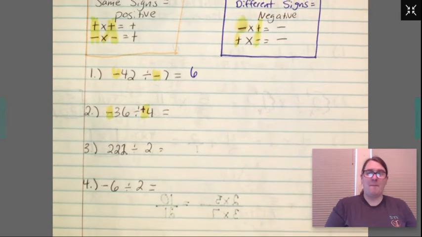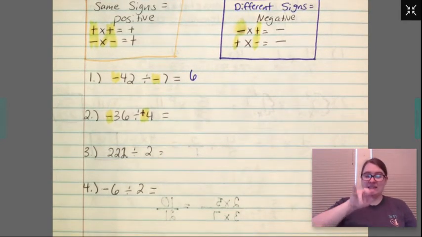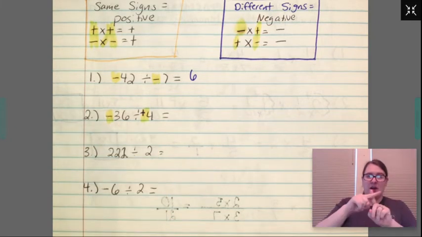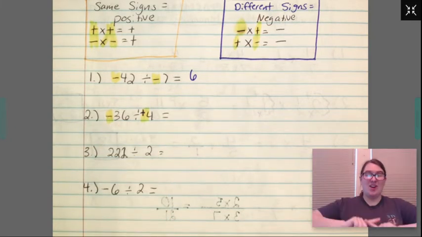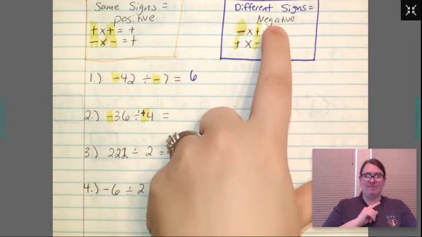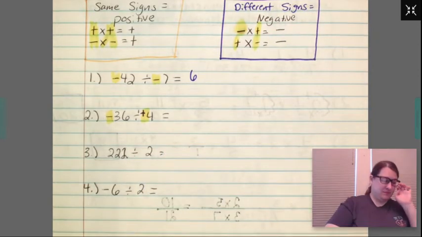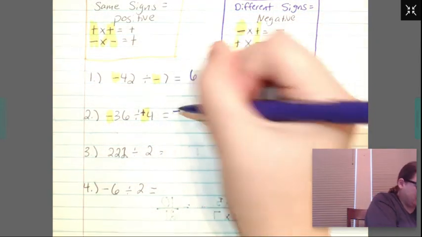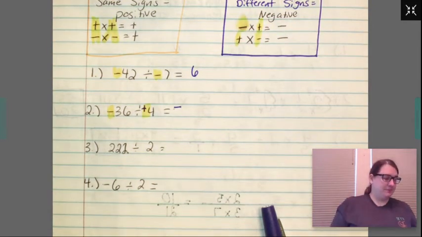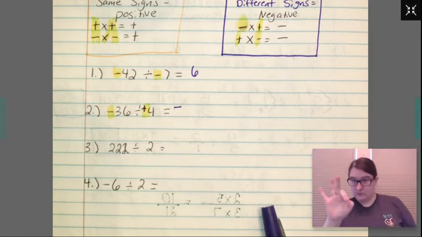Okay, so my signs are negative and positive, so they're different, which makes my answer negative. Okay, and what is 36 divided by 4? 9.